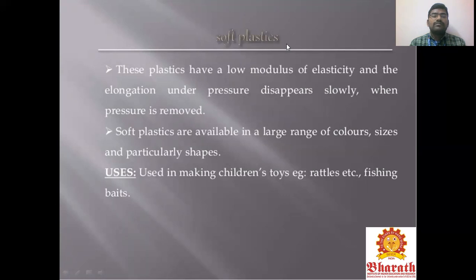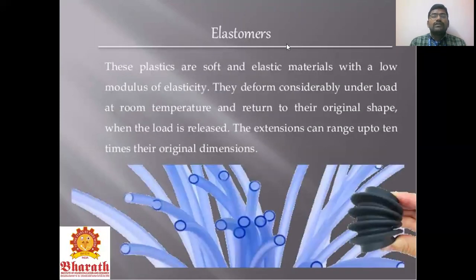The shape of this soft plastic we can change, and the material can be recycled. Used in making children's toys, for example rattles, etc. Fishing baits. There are different types of shapes, and children's toys are also prepared from soft plastics. Next one is elastomers.